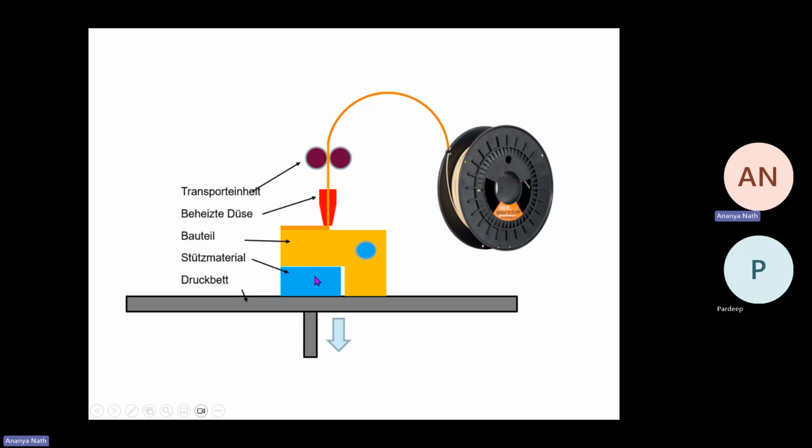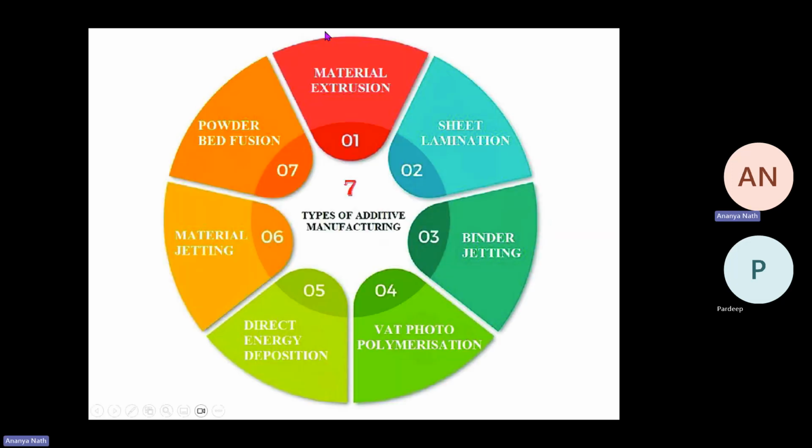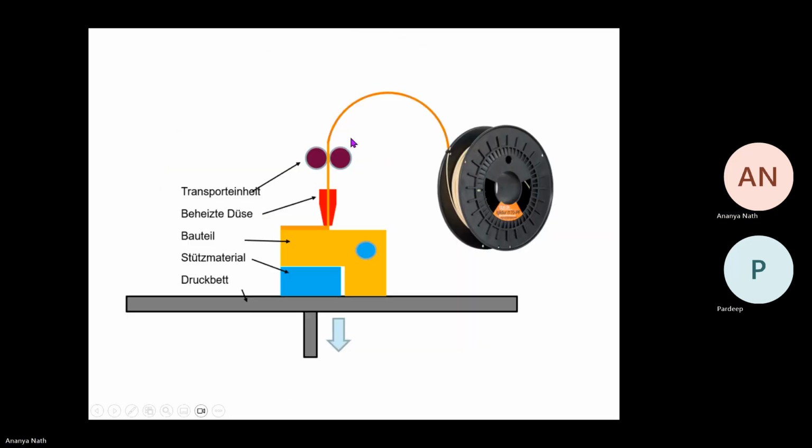This is my build plate. The ash color is the build plate, which is mounted on a CNC, which can go down or up. Then this is my part. This blue color is the support structure for it, and yellow is the part. So this process is called fused deposition modeling, FDM, which comes under the state of the art of material extrusion.